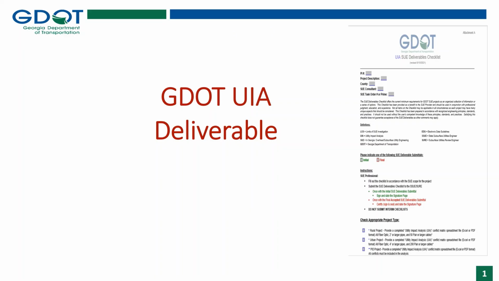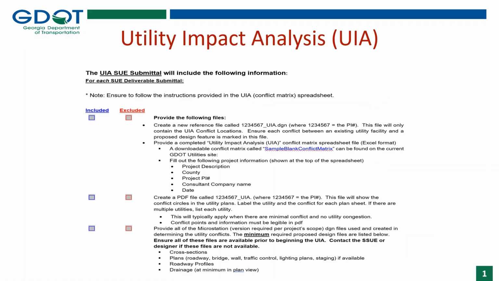Here, we will discuss what will be submitted to GDOT when completing a UIA. The UIA deliverable will include the UIA spreadsheet, the UIA checklist, a PDF named with the project ID _UIA that will show all the conflict circles on each of the plan sheets, and the deliverable will also include all of the MicroStation DGN files used to create the UIA.